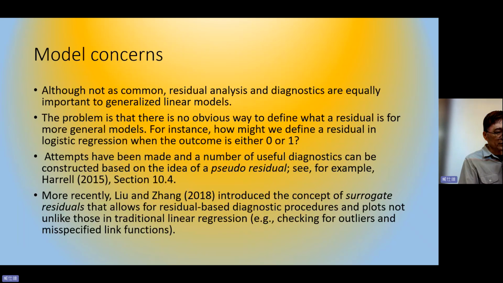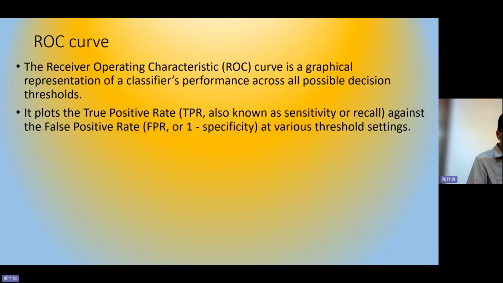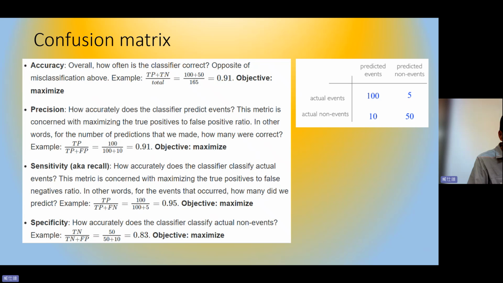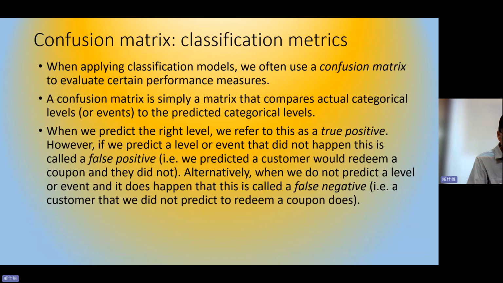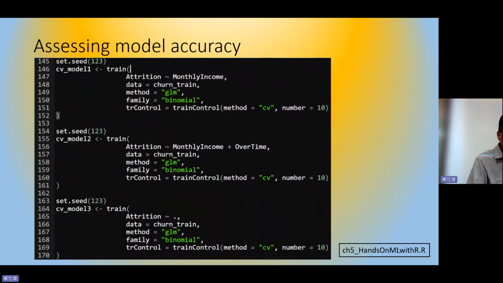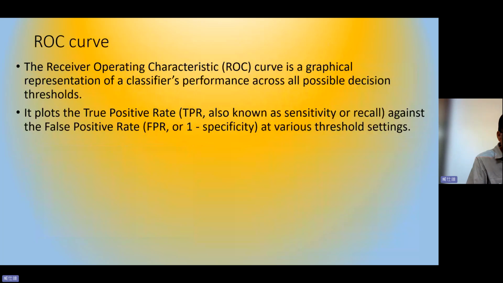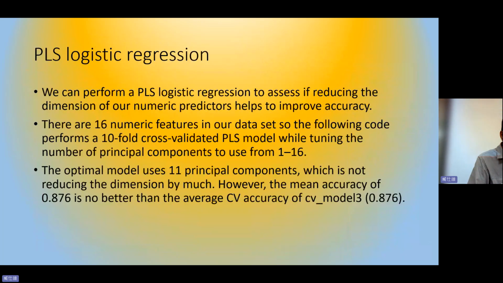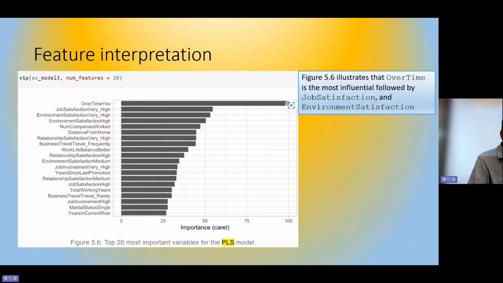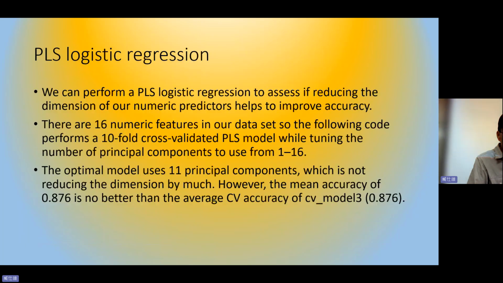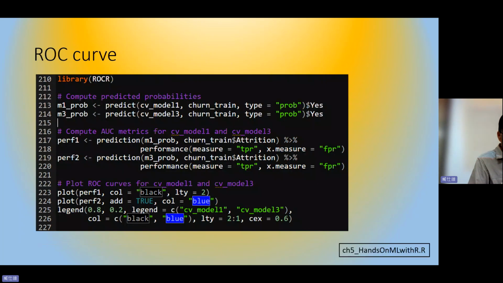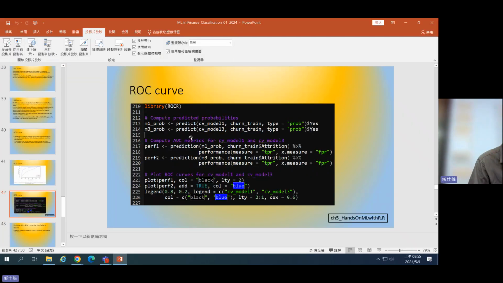So this is the first slide I just revised, and I just highlighted some points here. These materials are based on the reference Hands-On Machine Learning with R. Let me just show you here.